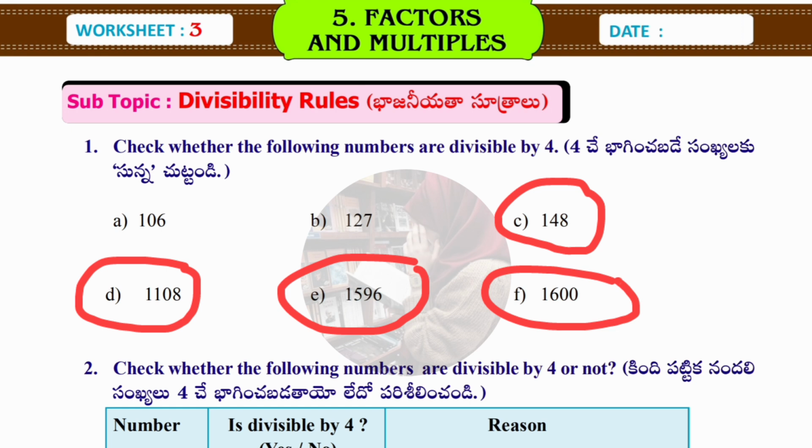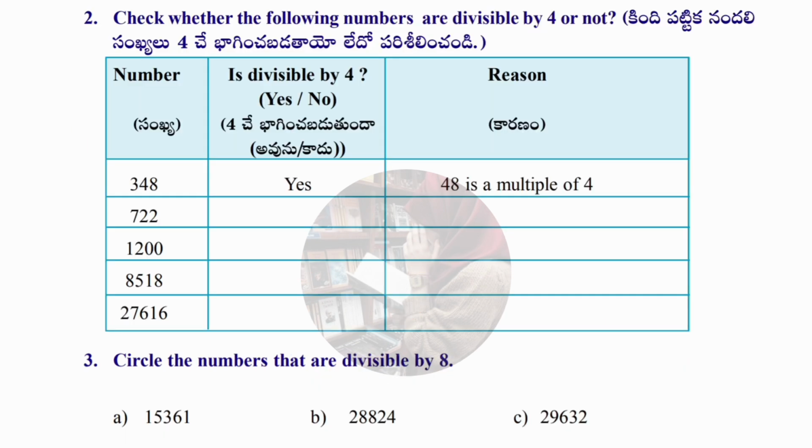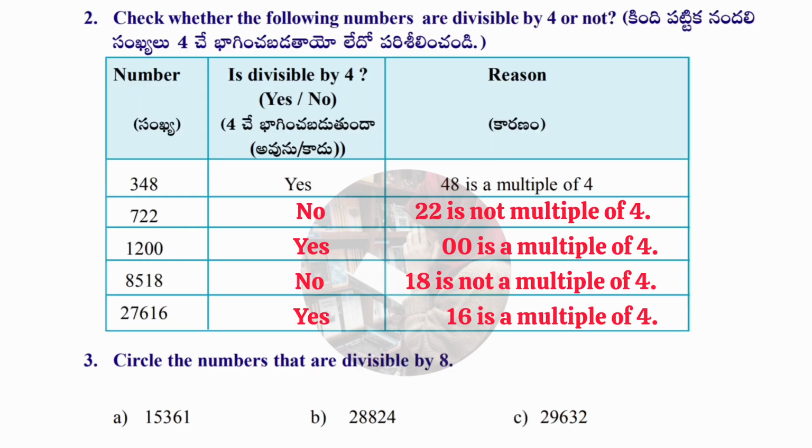Okay guys, now we'll move to the second Roman, which is check whether the following numbers are divisible by 4 or not. Here one table is given in which we have 5 numbers. Whether it is divisible by 4 or not, we have to say. Means we have to write down yes or no, and also we have to write down the reason in the third column.